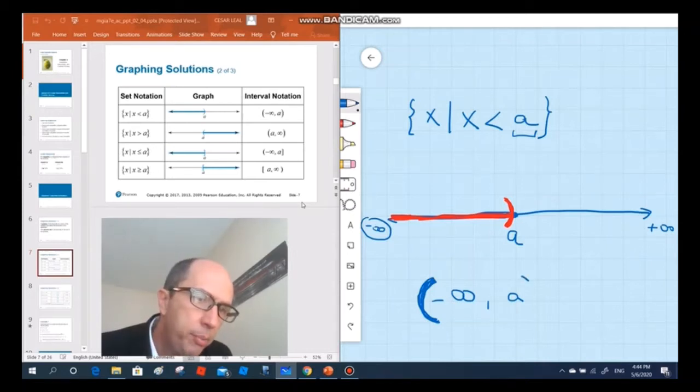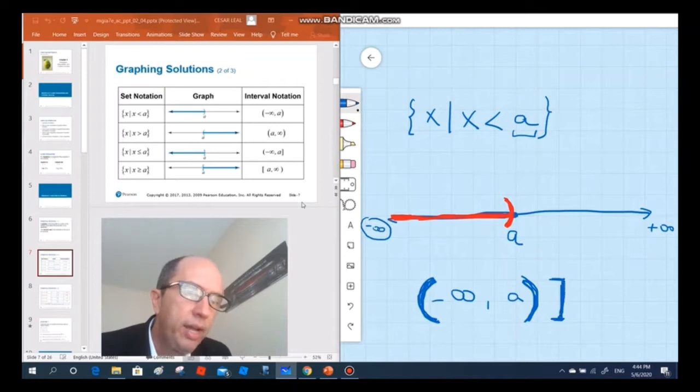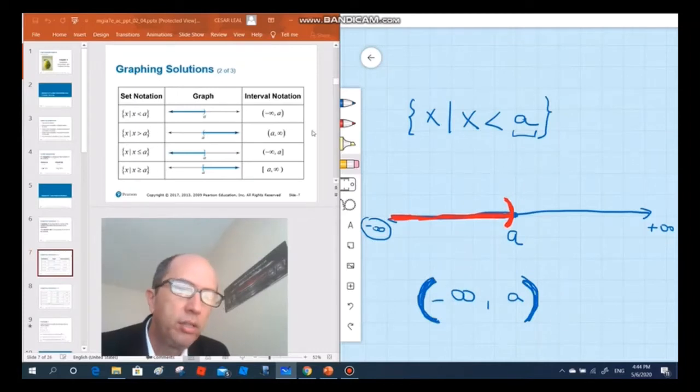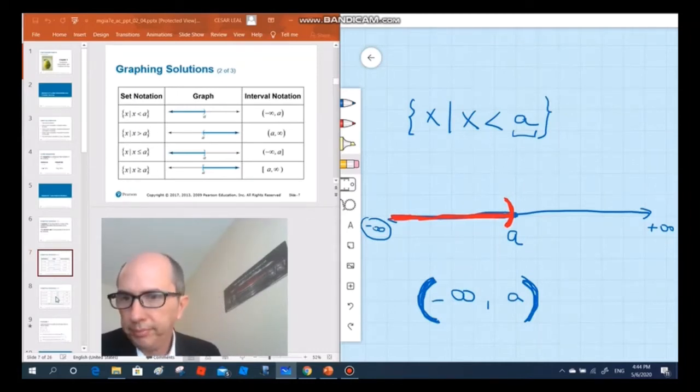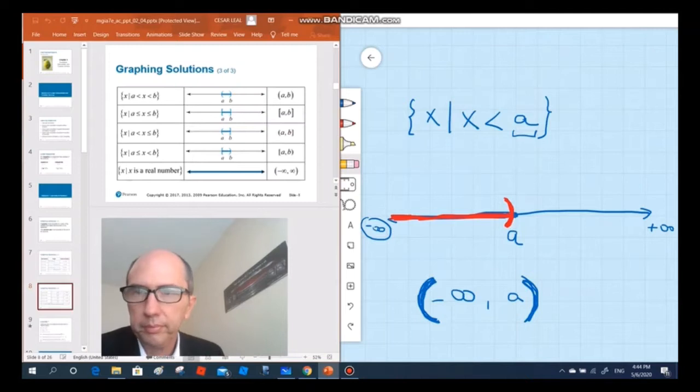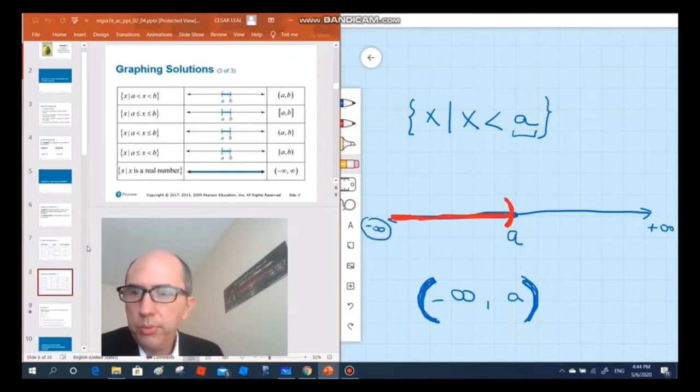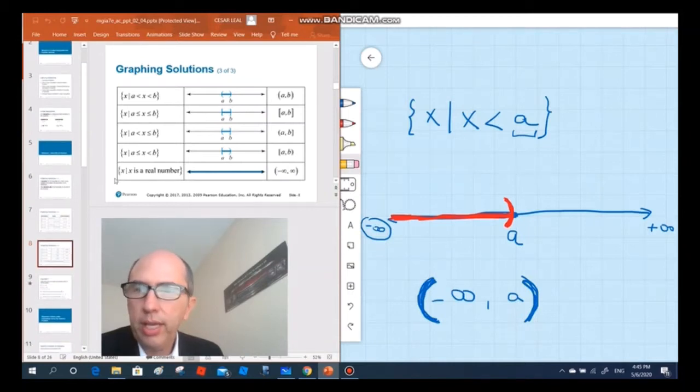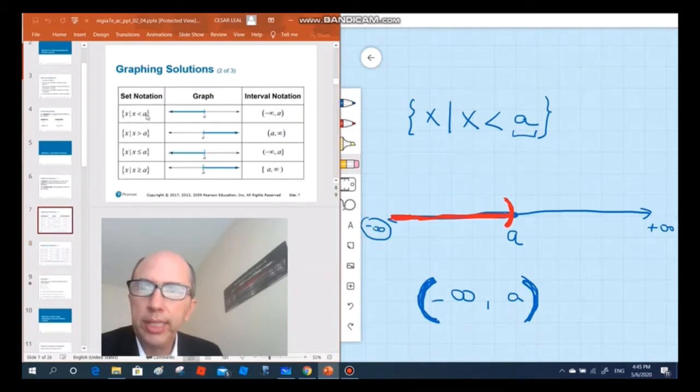And here is going to be parentheses if a is not included, or this bracket if a is included. Okay? In this first example here, a is not included, so it's parentheses.